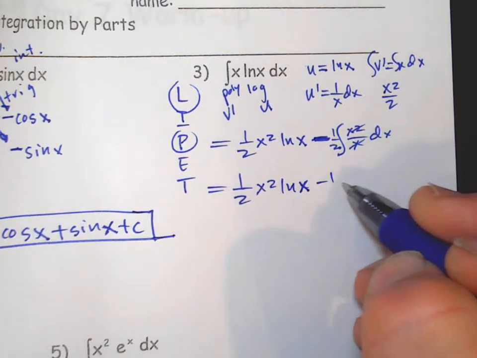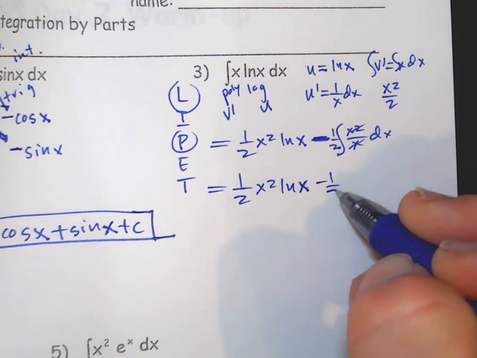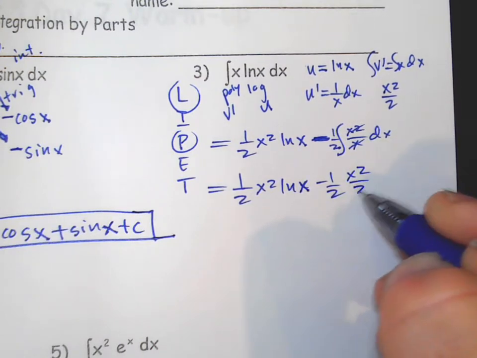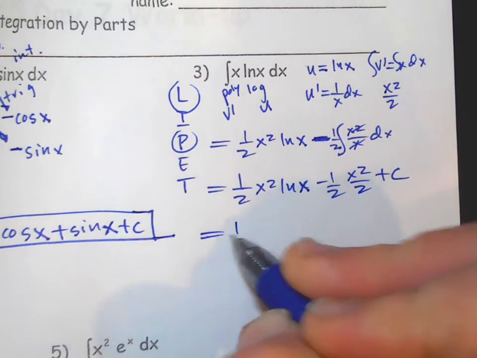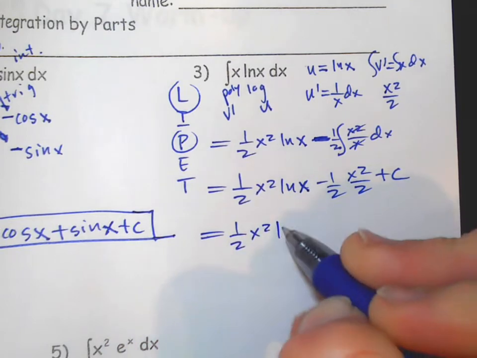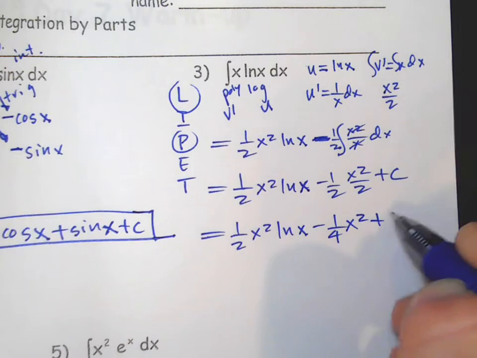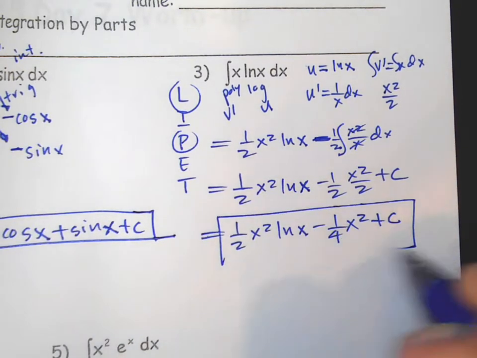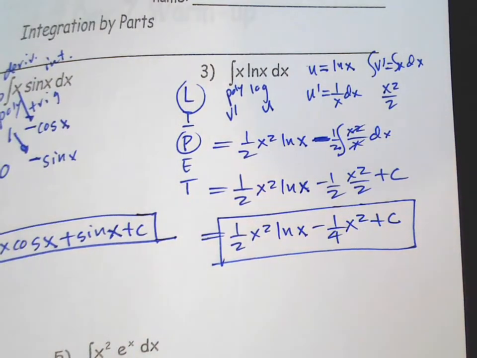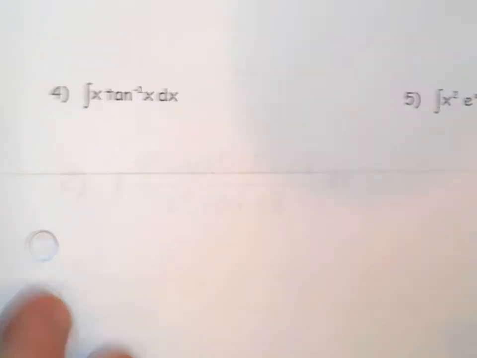So minus 1/2 times x squared over 2 plus c. 1/2 x squared natural log of x minus 1/4 x squared plus c. There you go.